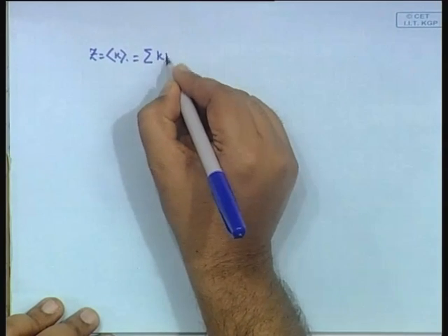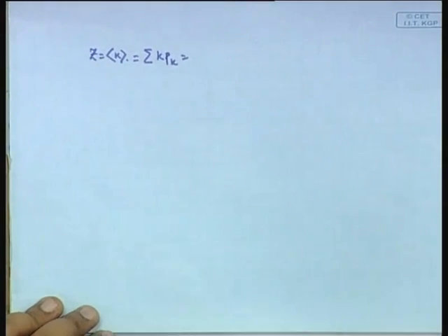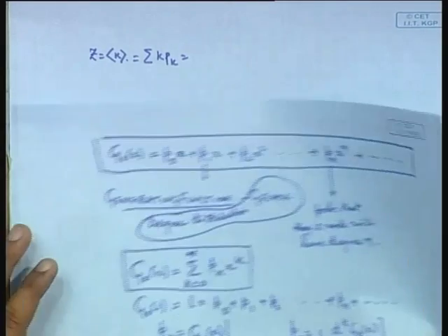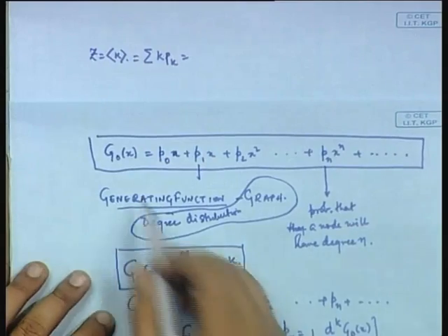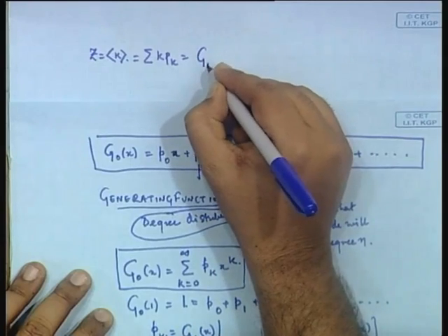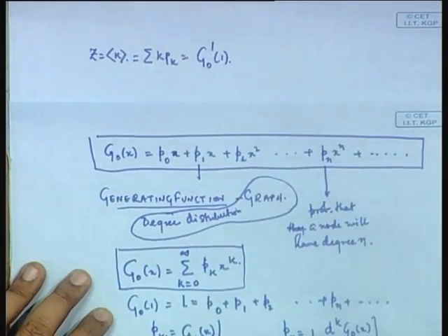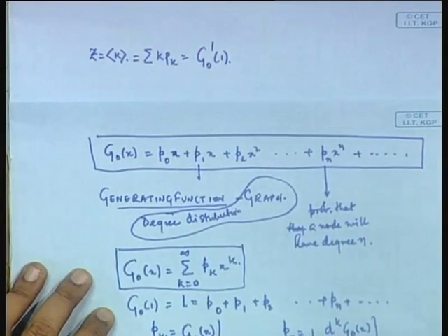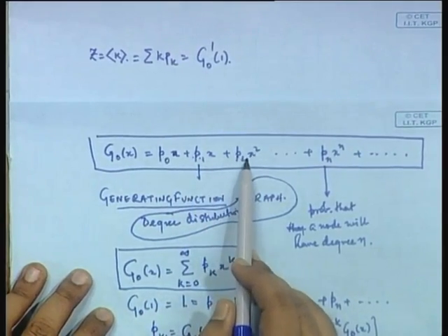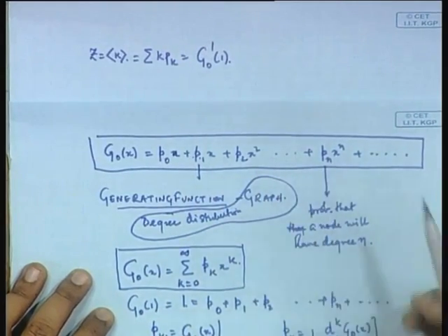It is the summation of k p k. If you again see this generating function, what will this be? Yes, G 0 dash 1. Basically, if you have G 0 dash 1, it says 1 into P 1, 2 into P 2, 3 into P 3, n into P n.